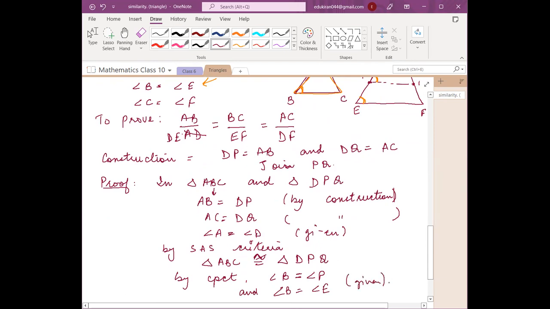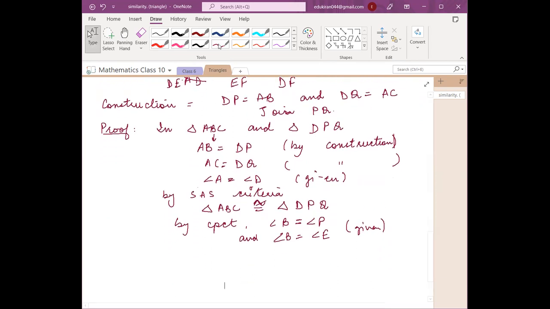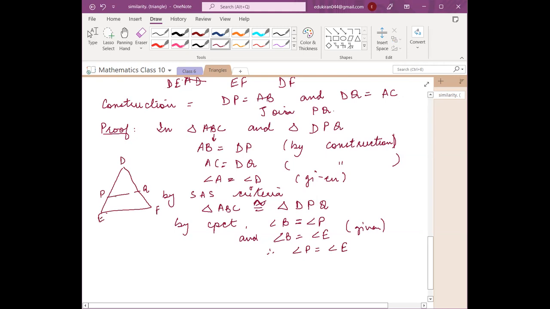So from these two, what can I conclude? That angle P is equal to angle E. Therefore, angle P is equal to angle E. Now I'm just drawing the triangle here. This is PQ and this is DEF. Now, if these two angles are equal, can I write that PQ is parallel to EF?